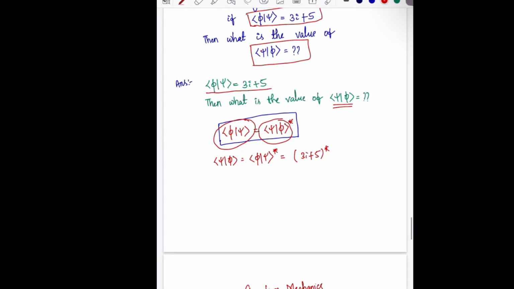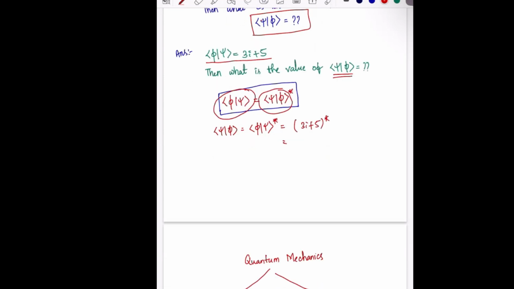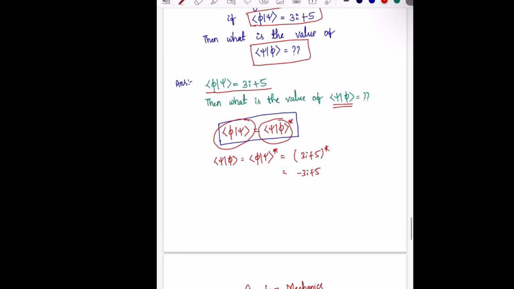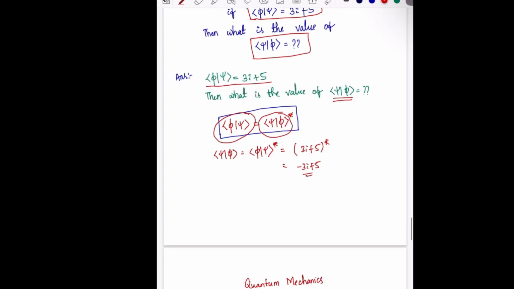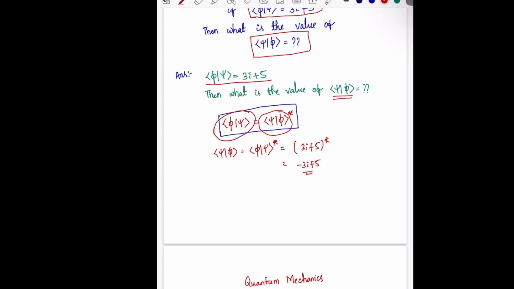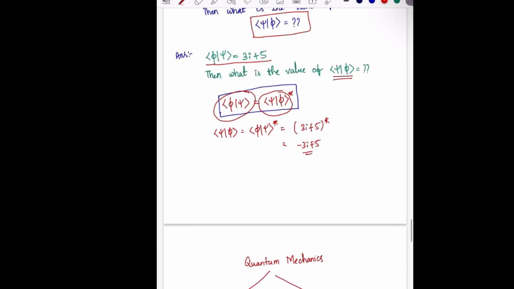If you want to take the complex conjugate, just replace i with minus i, and the real numbers stay the same in the complex conjugate. So it will be minus 3i plus 5. So this is the answer. It is based on one of the properties of a linear vector space.